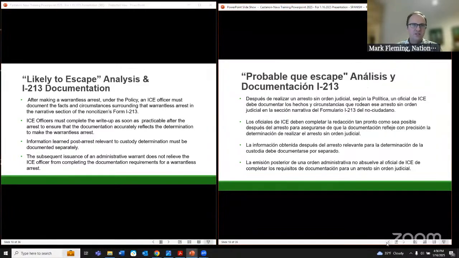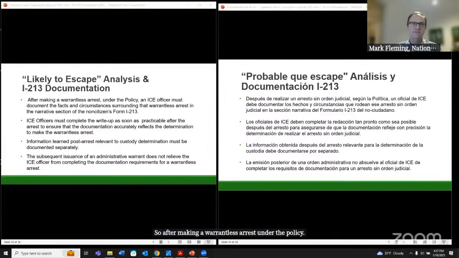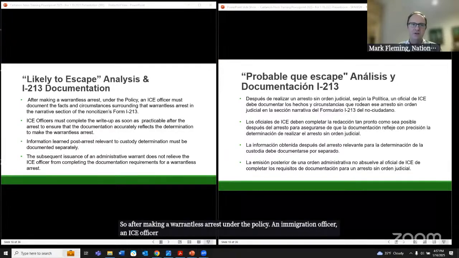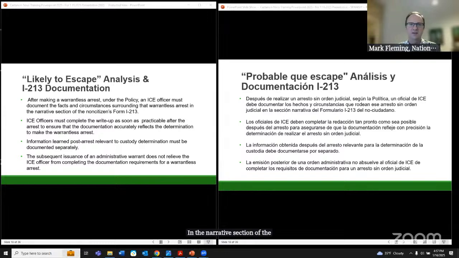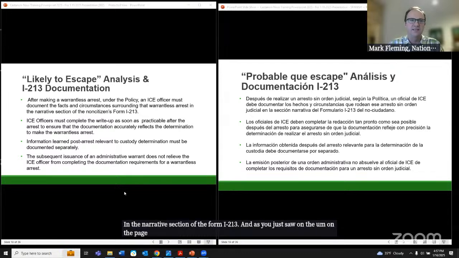So after making a warrantless arrest under the policy, an immigration officer, an ICE officer, must promptly document the facts and circumstances surrounding the warrantless arrest in the narrative section of the Form I-213. And as you just saw on the next slide, there is going to be an example of it.